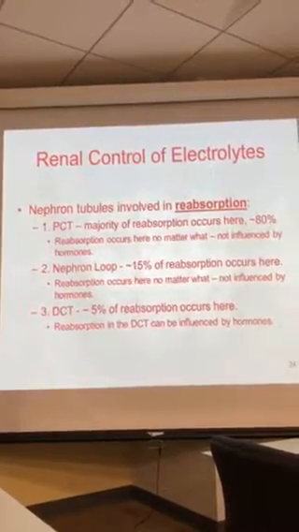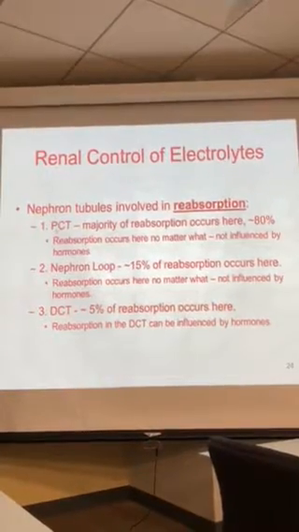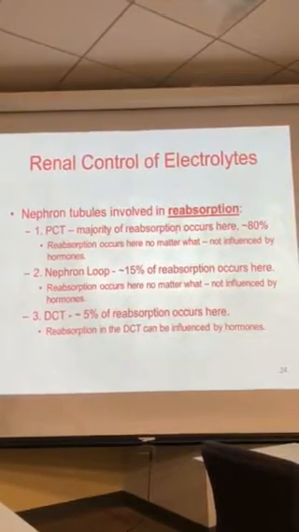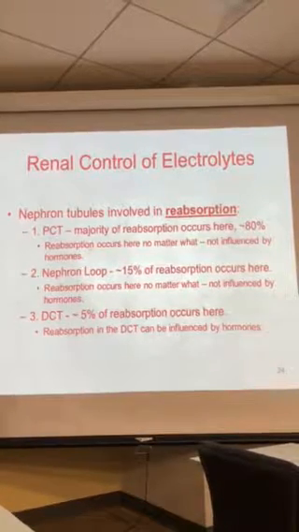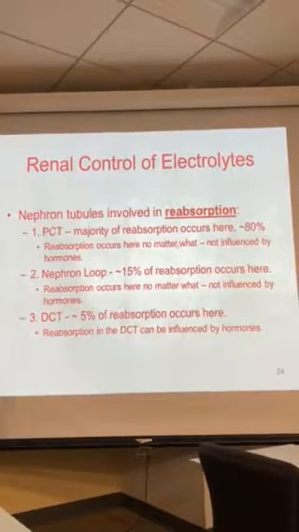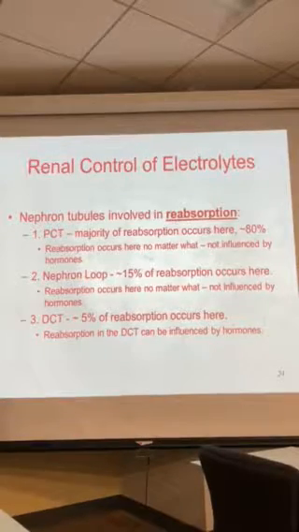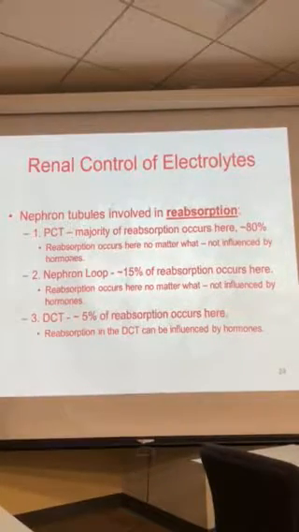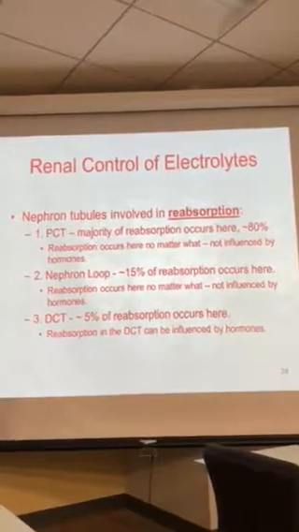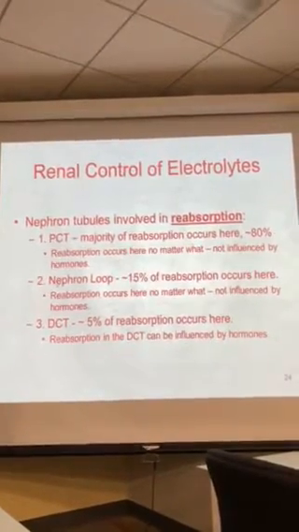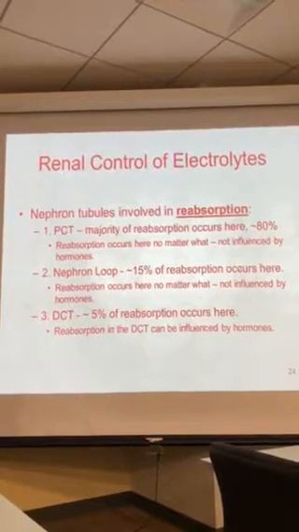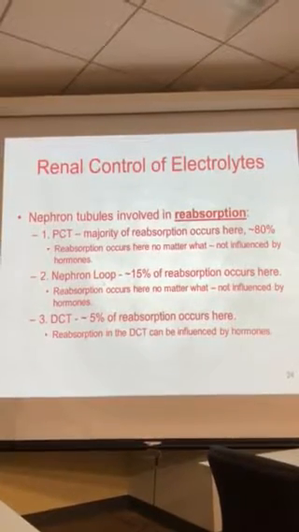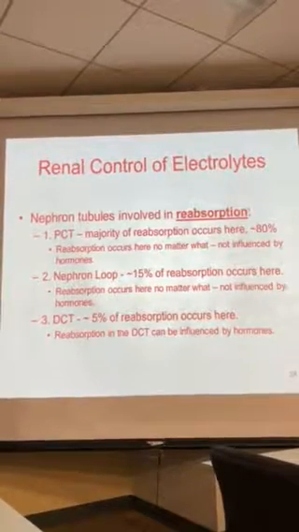If you look at the control of electrolytes, in the proximal convoluted tubule, 80% of reabsorption is going to occur here, no matter what happens with hormones. It's not influenced by anything else. It's purely by concentrations. Nephron loop, that's the loop of Henle, is 15% reabsorption, and it's going to happen no matter what happens there.